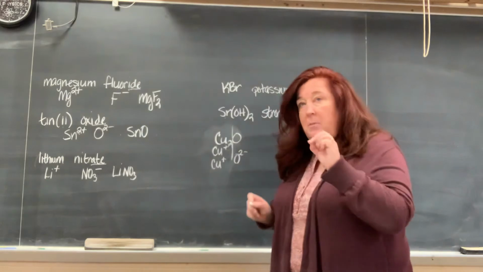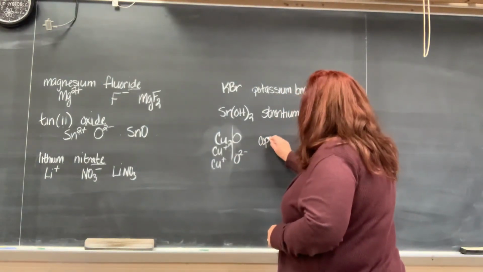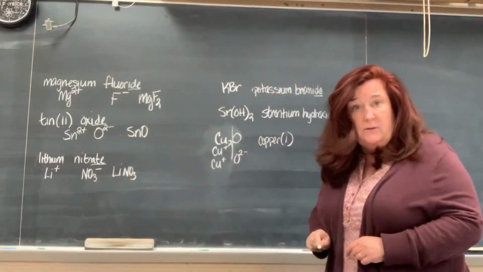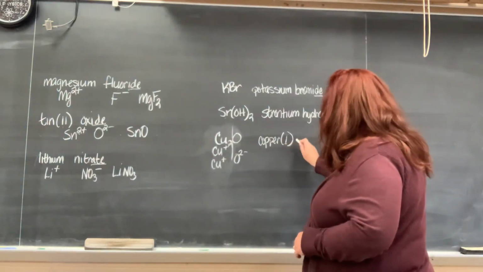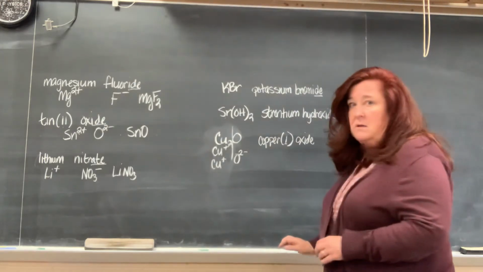So each copper ion has a +1 charge, and when we write it, we put the name of the metal, copper. We put the charge in parentheses, not how many there are, which is very confusing. Then we put the non-metal with an IDE ending.